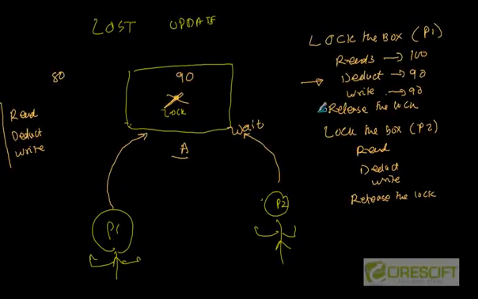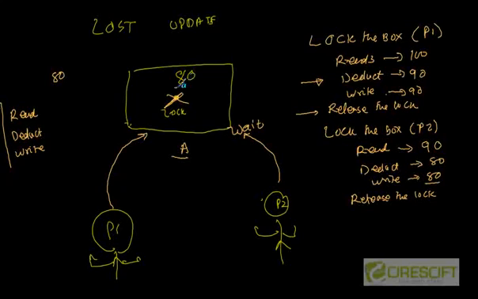P2 was waiting. Once P1 releases the lock, P2 grabs that lock and enters the box. P2 reads and gets 90, then deducts 10. After the deduction it becomes 80, and after writing it becomes 80.